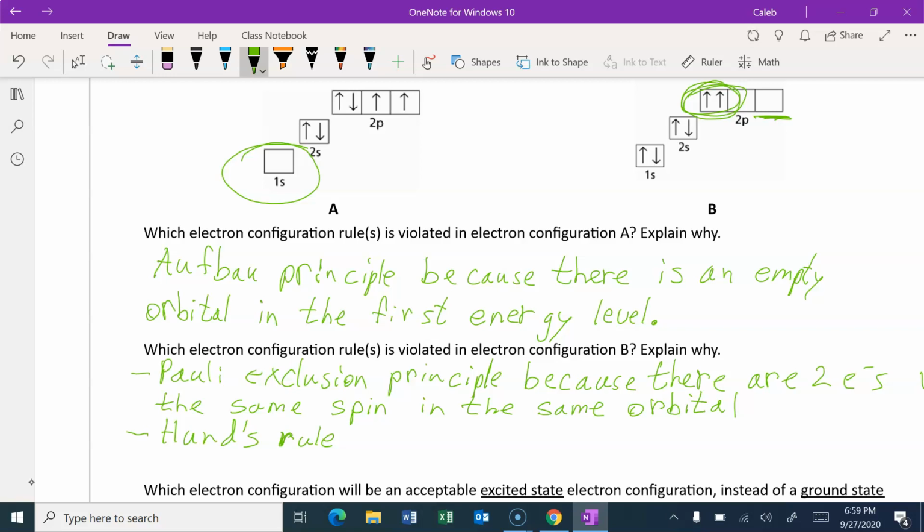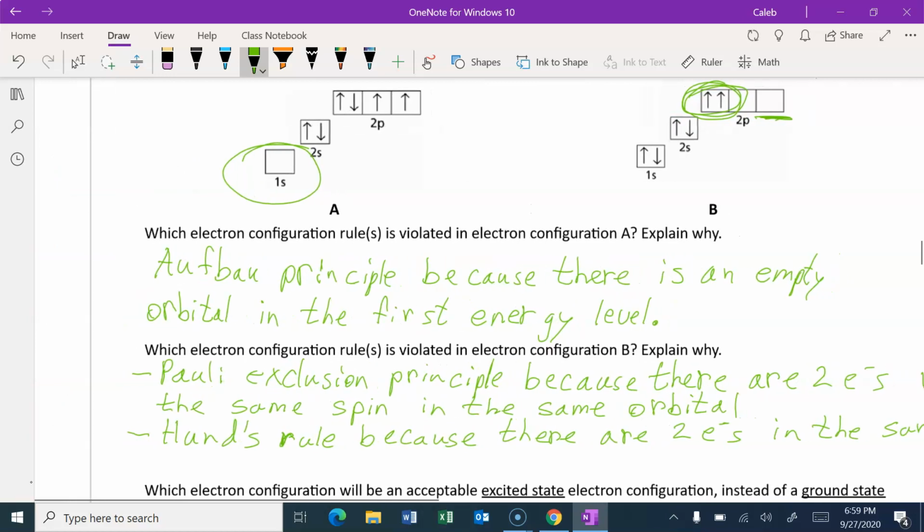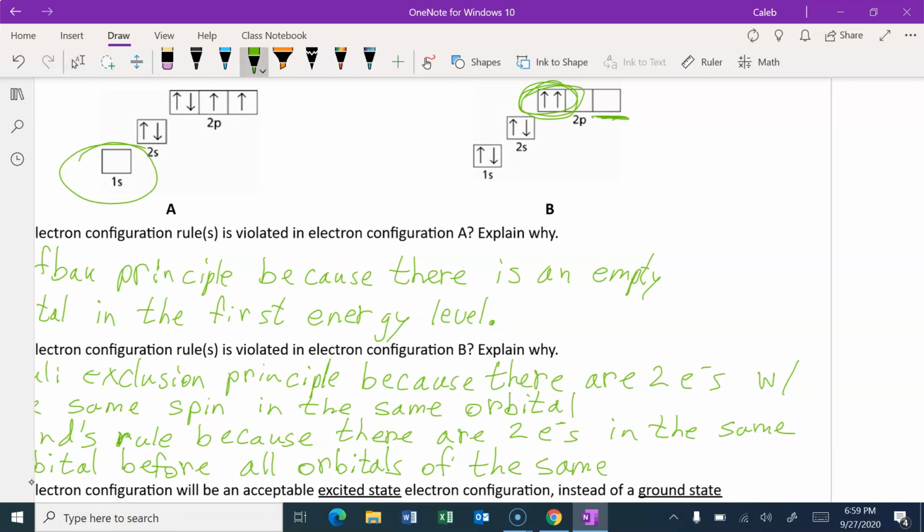Or an actual way of explaining that would be because there are two electrons in the same orbital before all orbitals of the same energy are occupied.